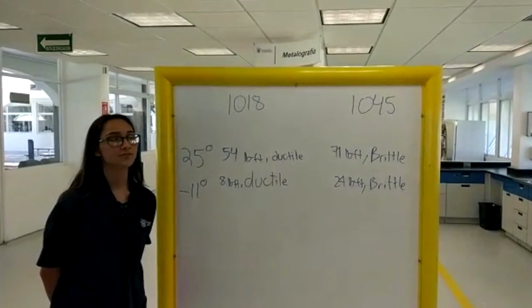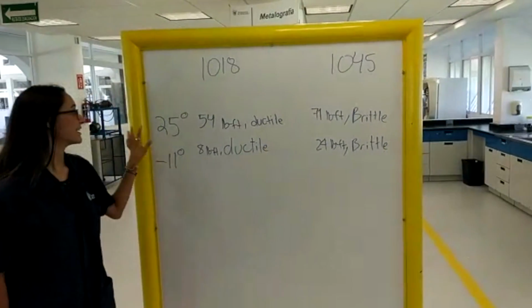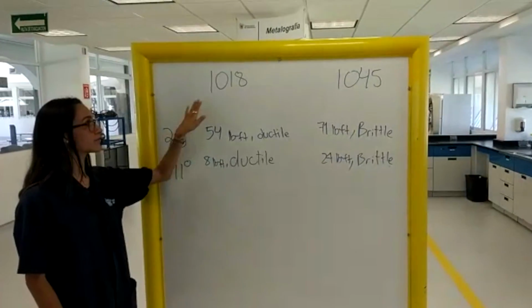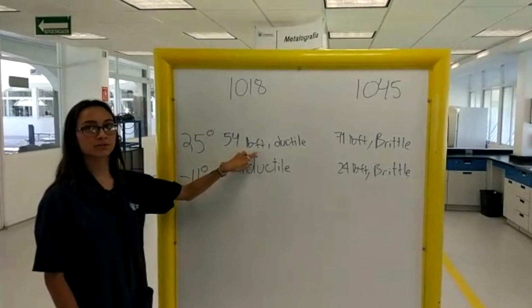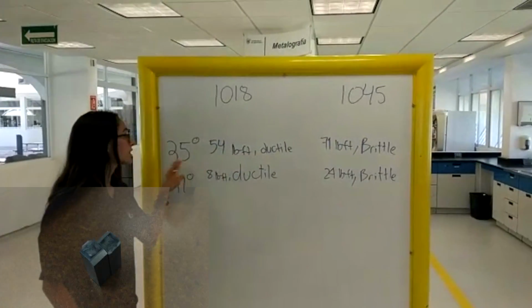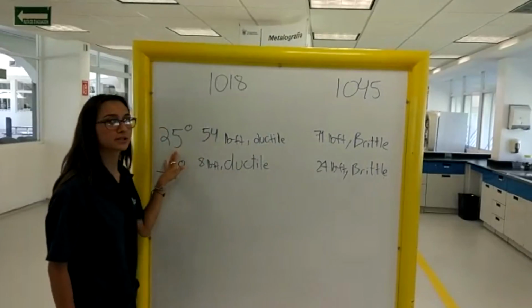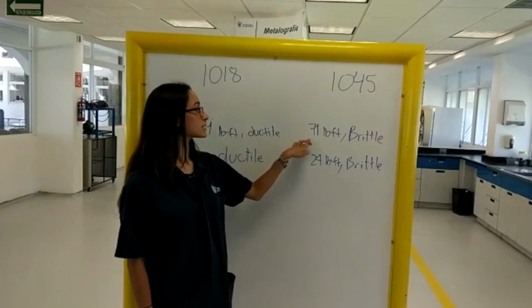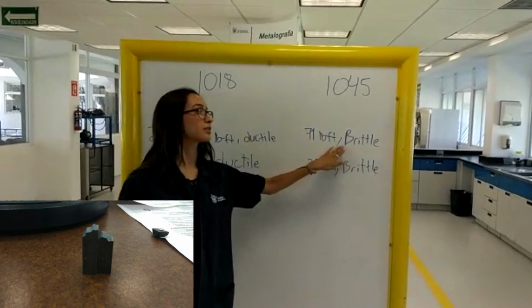These are the results for steel 1018 and steel 1045. At 25 degrees, the absorbed energy for the 1018 was 54 pounds-feet, and it was ductile. For steel 1045 at 25 degrees, the absorbed energy was 71 pounds-feet, and it was brittle.